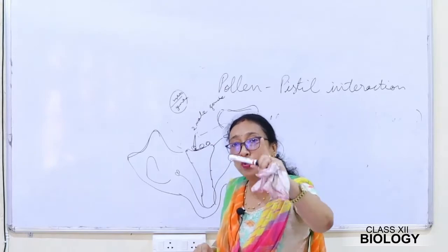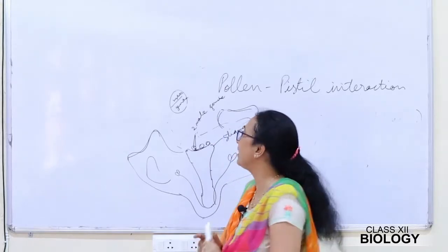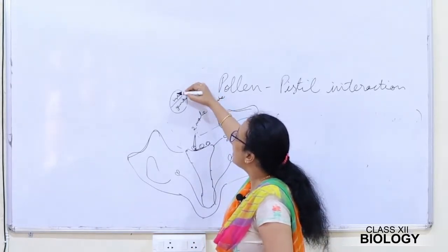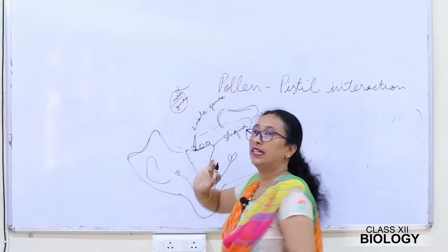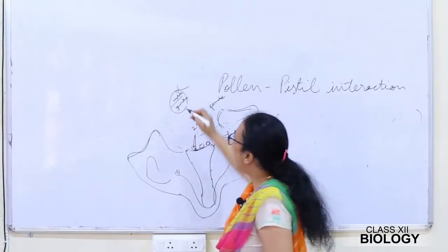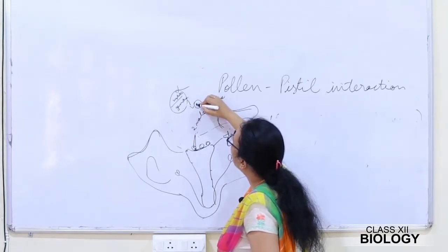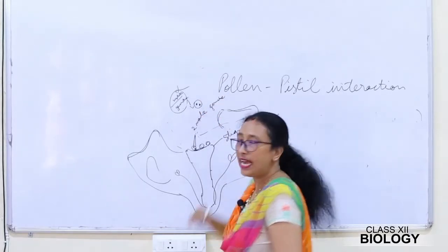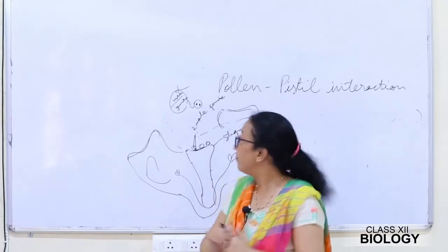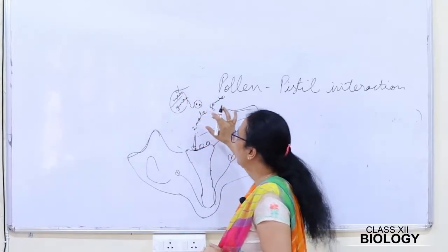If it is falling in the two-cell stage, what you understand by the two-cell stage is that this vegetative cell is nowhere in the picture. That is being totally consumed, and this generative cell is forming the two male nuclei. By utilizing all the vegetative cell, it has formed the two male nuclei.